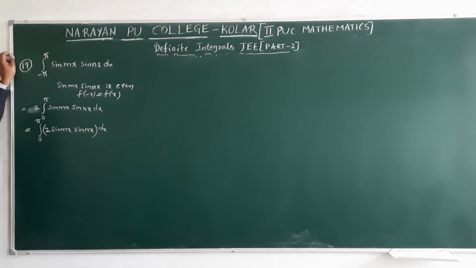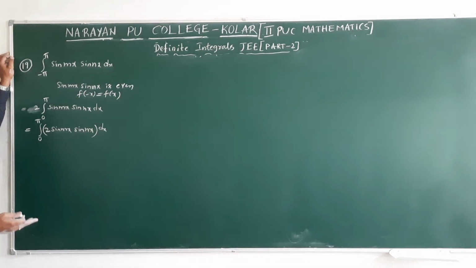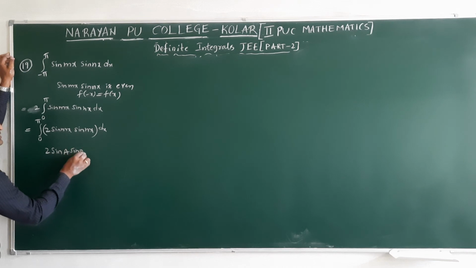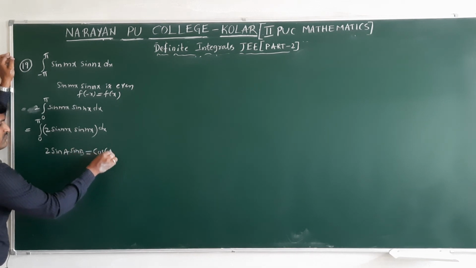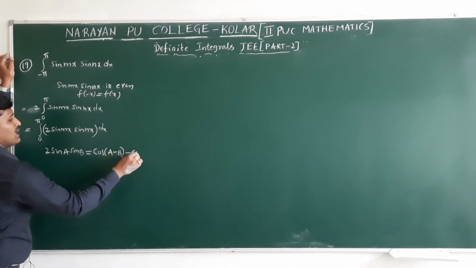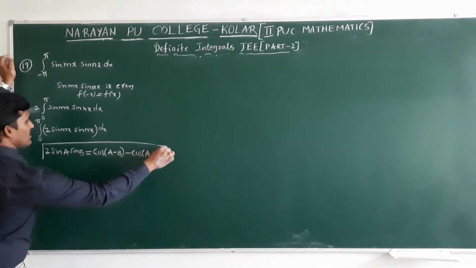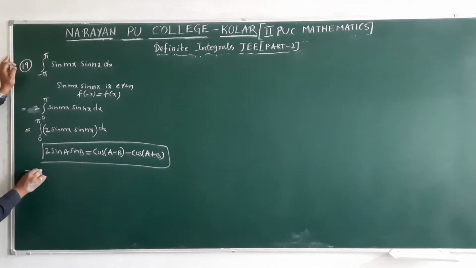In trigonometry, the formula is minus 2 sin a sin b equals cos of a plus b minus cos of a minus b. But we want only 2 sin a sin b, so just reversed: cos of a minus b minus cos of a plus b. Here a is mx, b is nx.